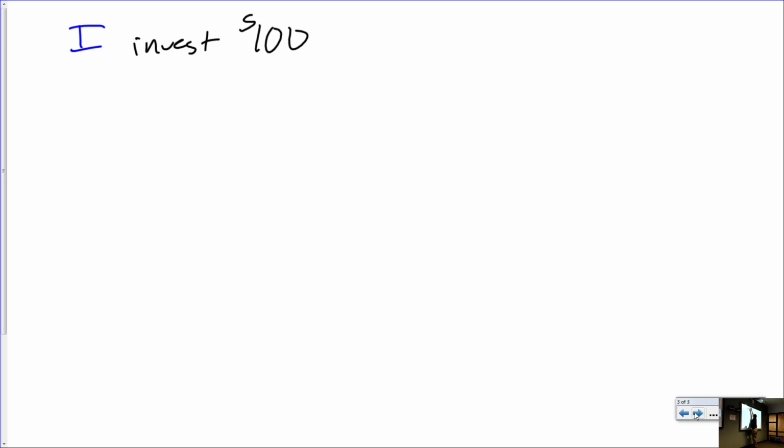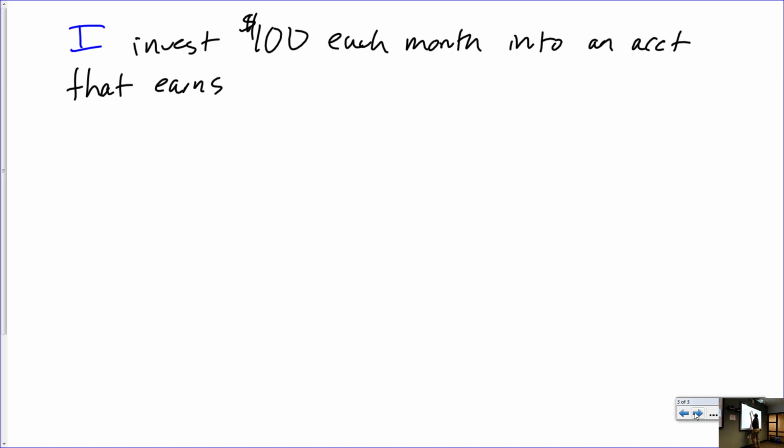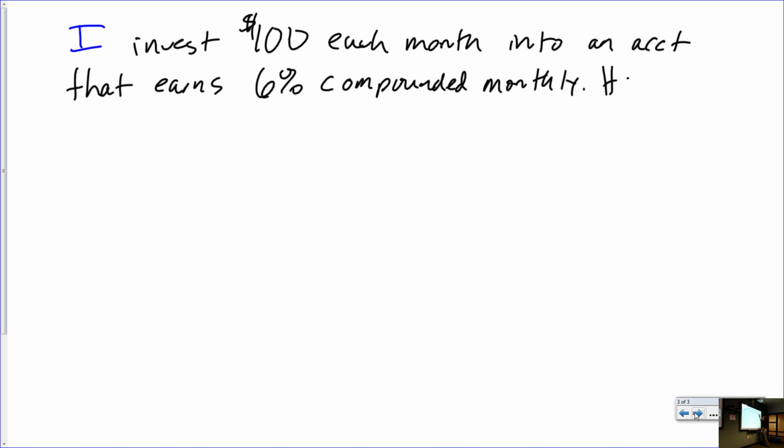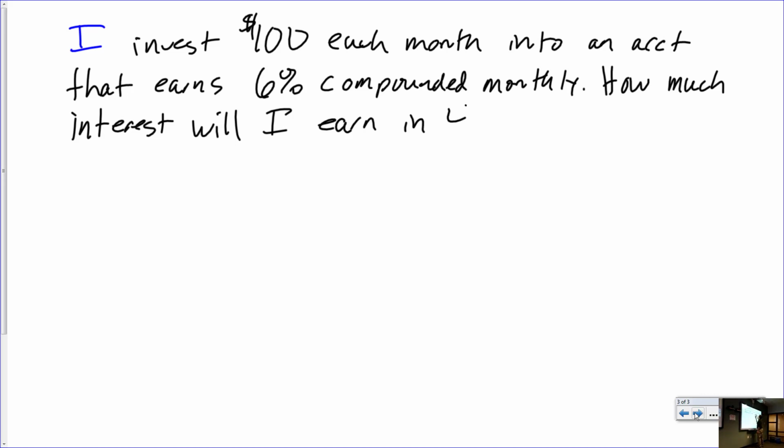Let's suppose I invest $100 each month into an account at 6% compounded monthly. How much interest will I earn in 4 years?